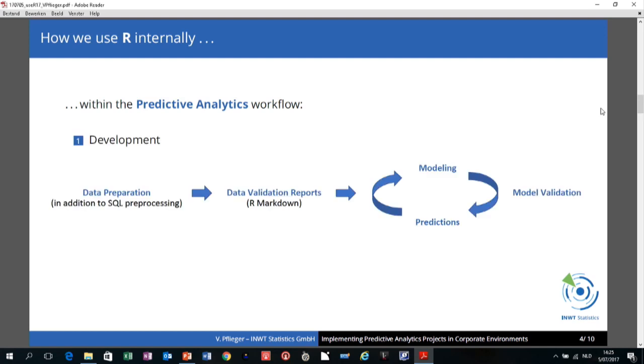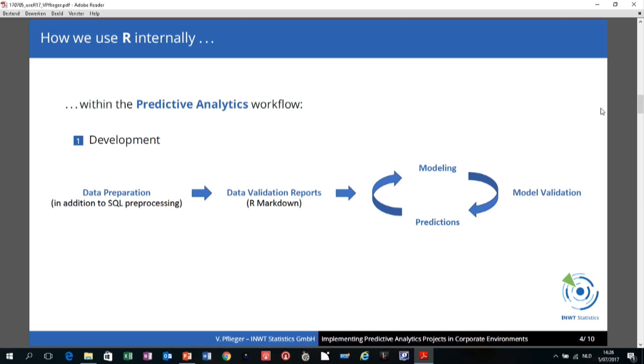For our work, we mainly use R, especially for the development of predictive analytics models. Of course, there's some SQL pre-processing, but already for data preparation, we use R. Then we have data validation reports to see whether the import worked well or not, and there we use R Markdown.